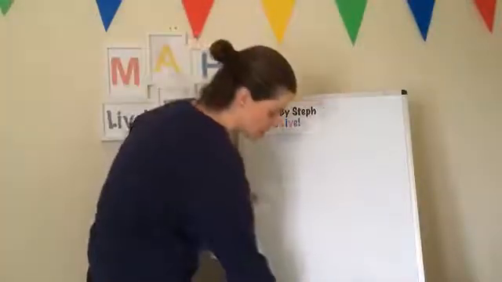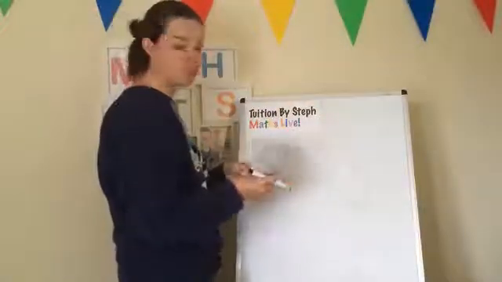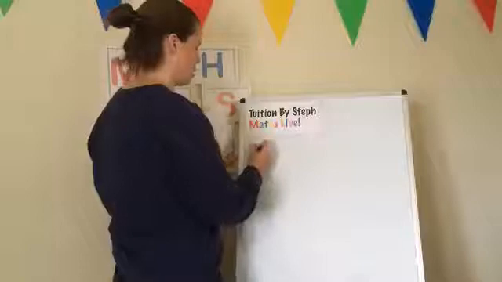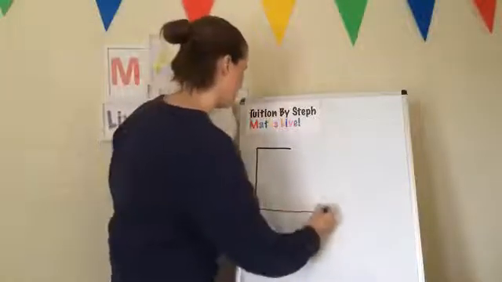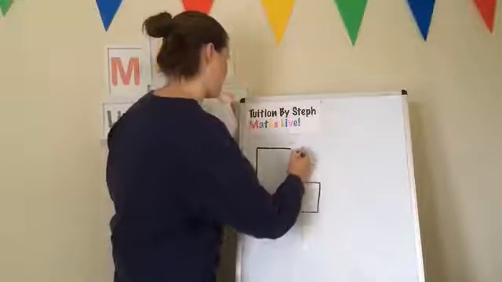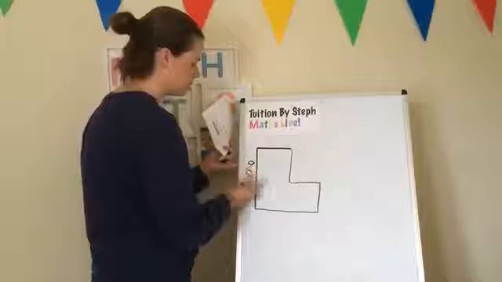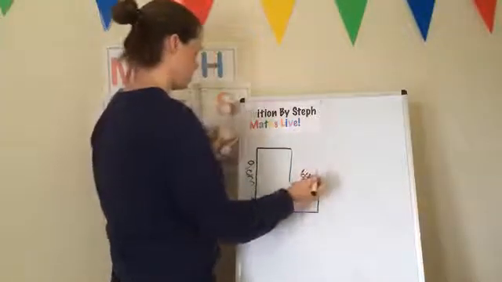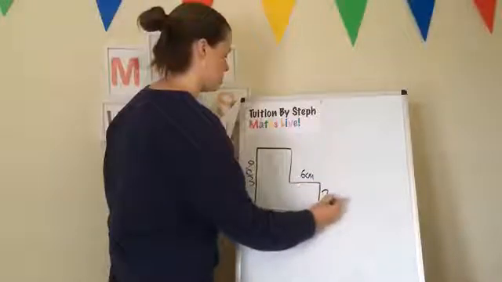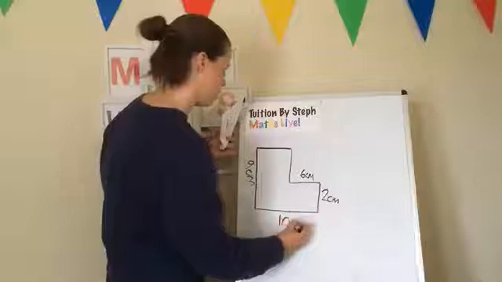Last question, and it asks you to calculate the perimeter of this compound shape. So here's our shape. Okay, we're told that this is 9 centimetres, this is 6 centimetres, this is 2 centimetres, it's not to scale, and this is 10 centimetres.